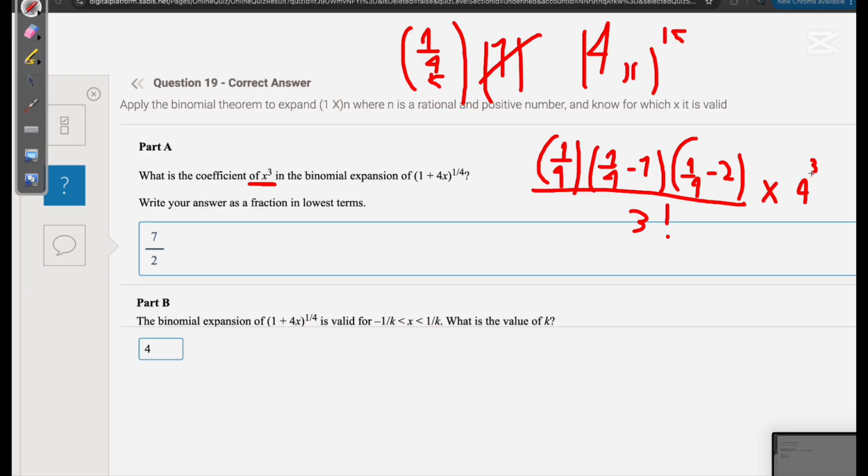So you go to the calculator, fraction, another fraction, 1 over 4 times 1 over 4 minus 1 times 1 over 4 minus 2 over 3 factorial, which is 6, times 64, which will give us 7 over 2.